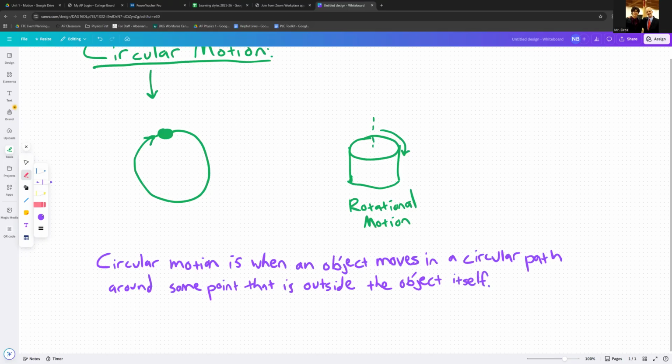We can go ahead and identify that point. There'd be some central point in the middle here, around which this object travels in a circle. Okay, so that's circular motion.